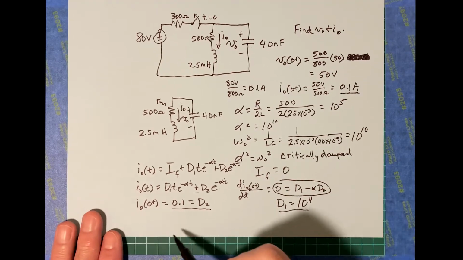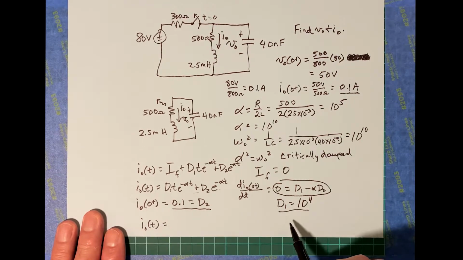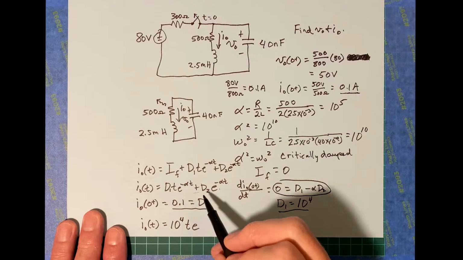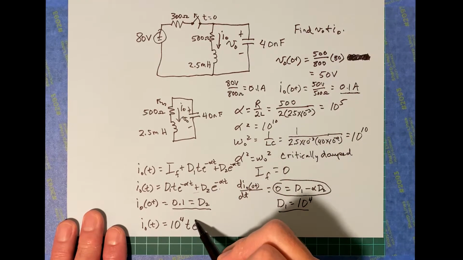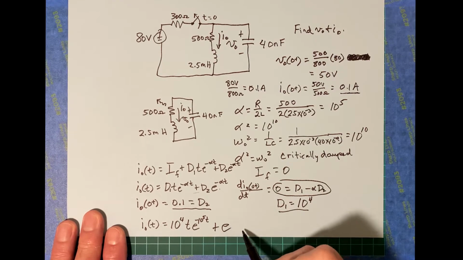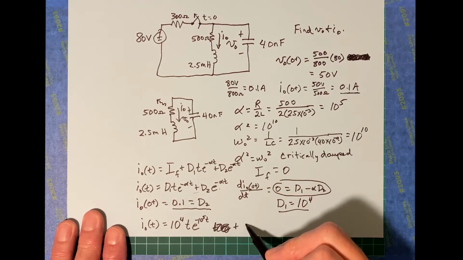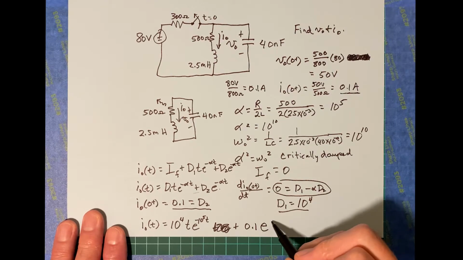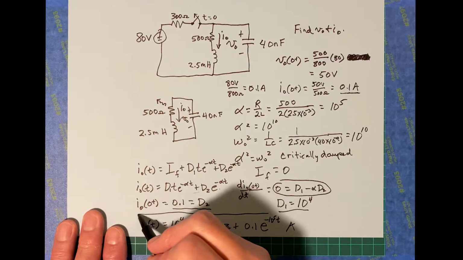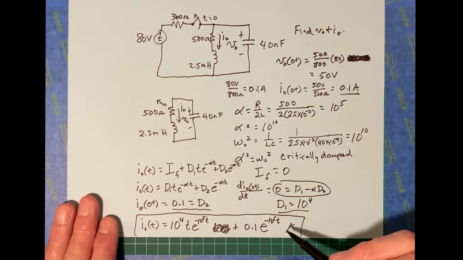I think we're ready to say that i naught as a function of time is equal to 10 to the 4th t e to the negative alpha, which is negative 10 to the 5th t, plus d2, which is plus 0.1 e to the negative 10 to the 5th t amps. There. So that's what it looks like for our current.